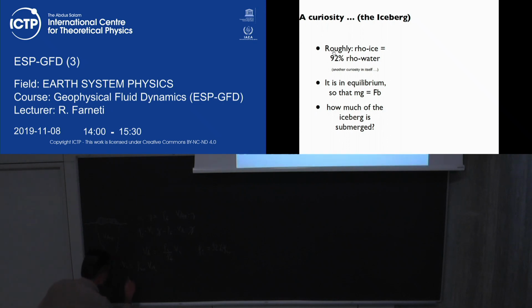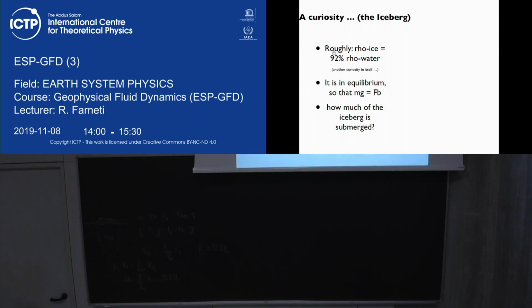So the volume displaced is going to be rho iceberg over rho water times volume of the iceberg. So this is roughly 92% of the volume of the iceberg.